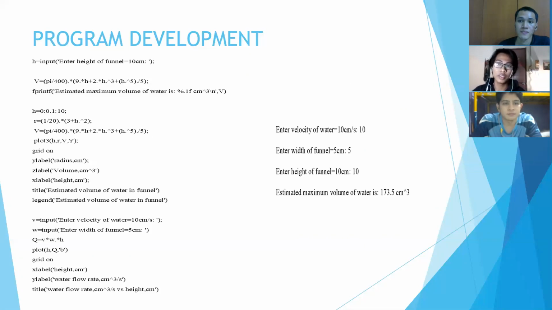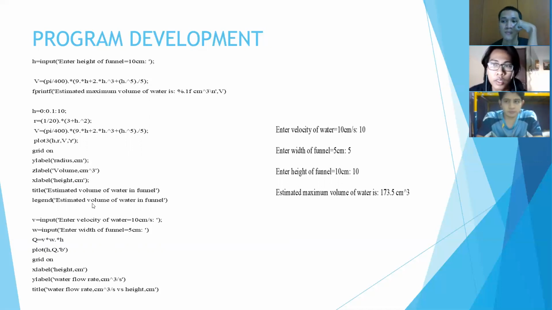Okay, thank you, Zul. So I will continue to the program development. This is the script file of the commands that need to be used in MATLAB to make the 3D graph and 2D graph. First, here is the height. We need to calculate the maximum height, which is here.